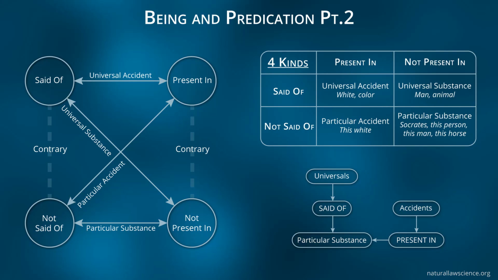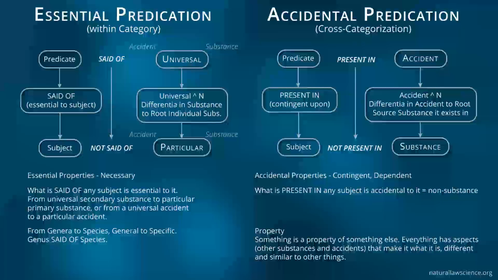So we'll move on to infographic 14. Now we're getting into more specifics in the essential predication and the accidental predication. Essential predication is within a category, as we previously mentioned 2 infographics ago, and accidental predication is cross-categorization, because you're not staying within the category of a substance and what is said of it, what it belongs to, what it is.